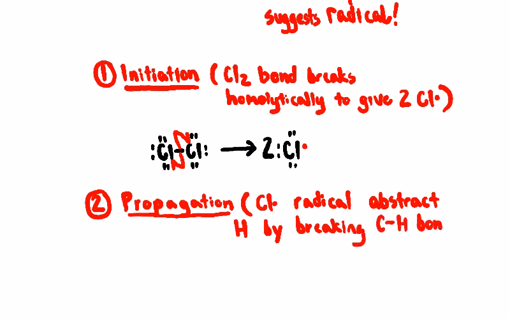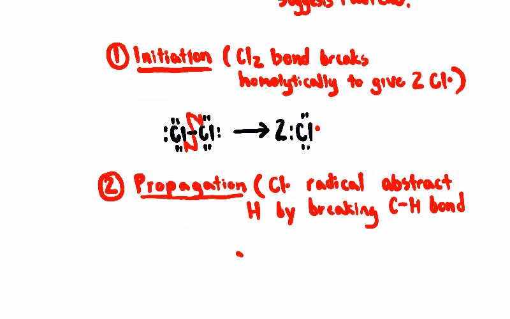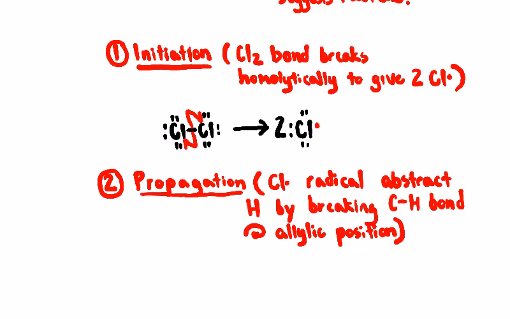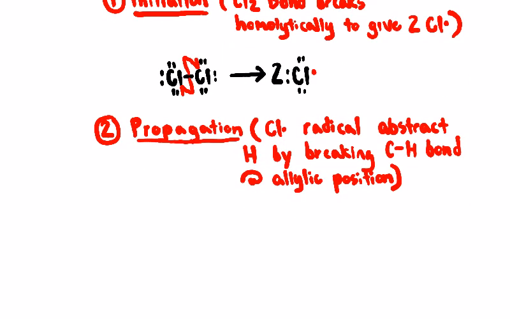It's going to break that CH bond at the allylic position, because that's going to give the most stable intermediate, one that's stabilized by resonance, rather than with the alkane radicals we talked about. Those were stabilized just by the electron donation of the alkyl groups, whereas the allylic position is, in general, a better way to stabilize the molecule, because it's going to create a resonance stabilized intermediate.